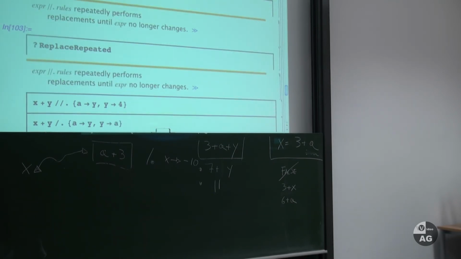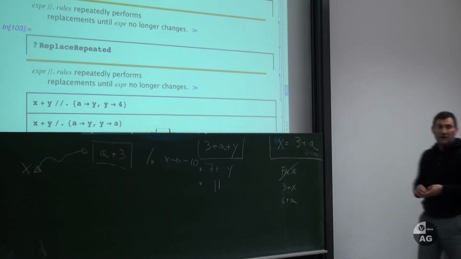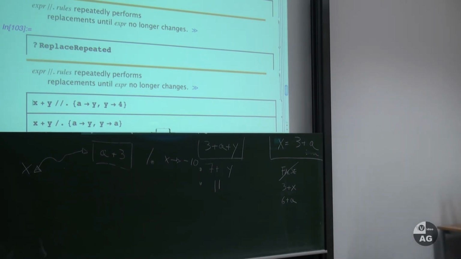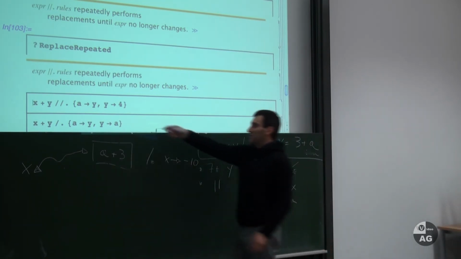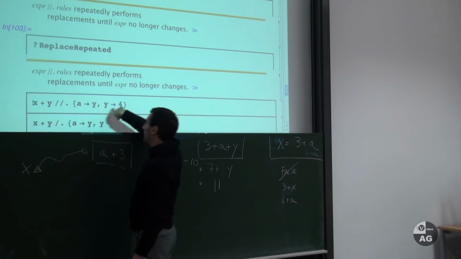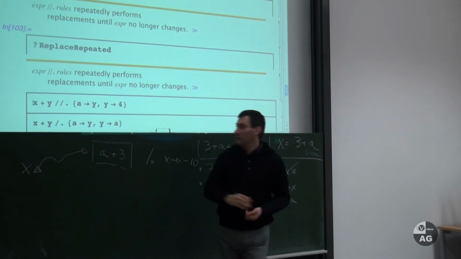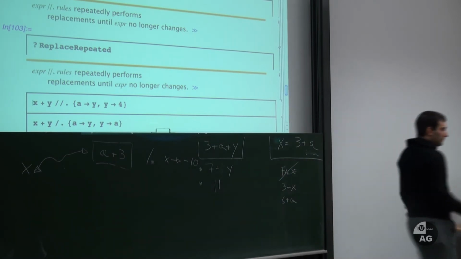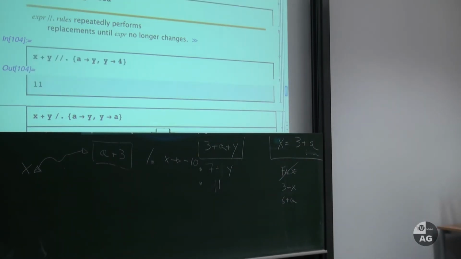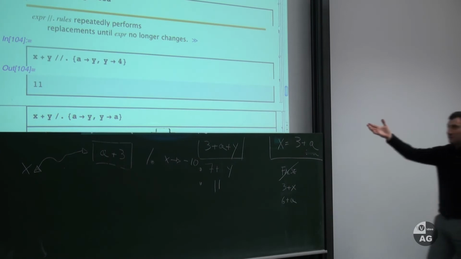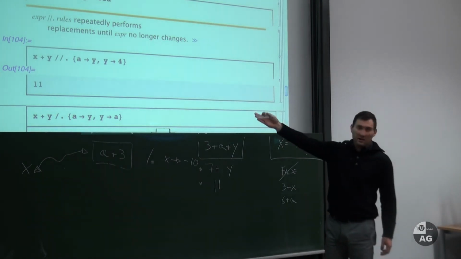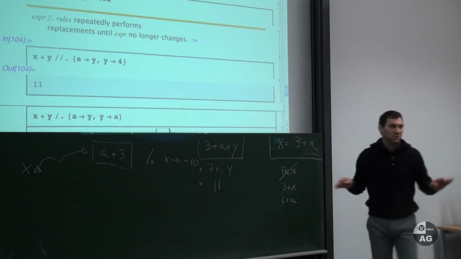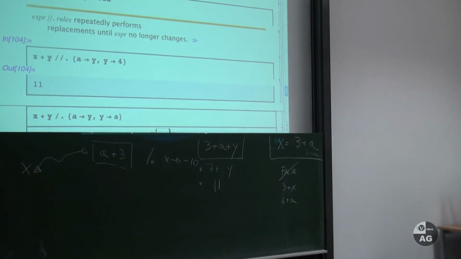So what happens now? Now it should be 11, right? Now we keep applying these rules until the left-hand side doesn't change anymore. So now we go to 11. When we are at 11, I certainly don't have an a, I certainly don't have a y, so I stop my evaluation. What about here?